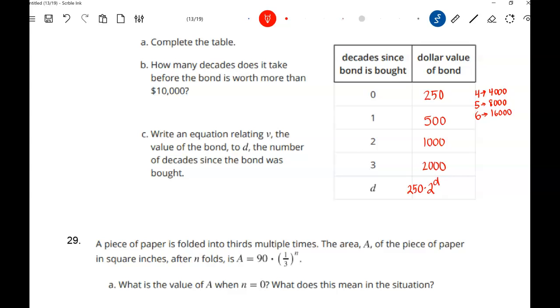So it takes between 5 and 6 decades to reach more than $10,000.